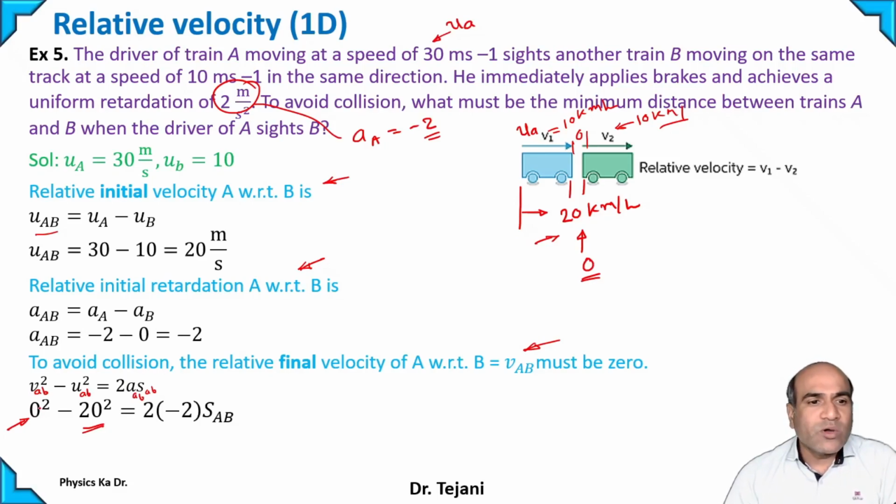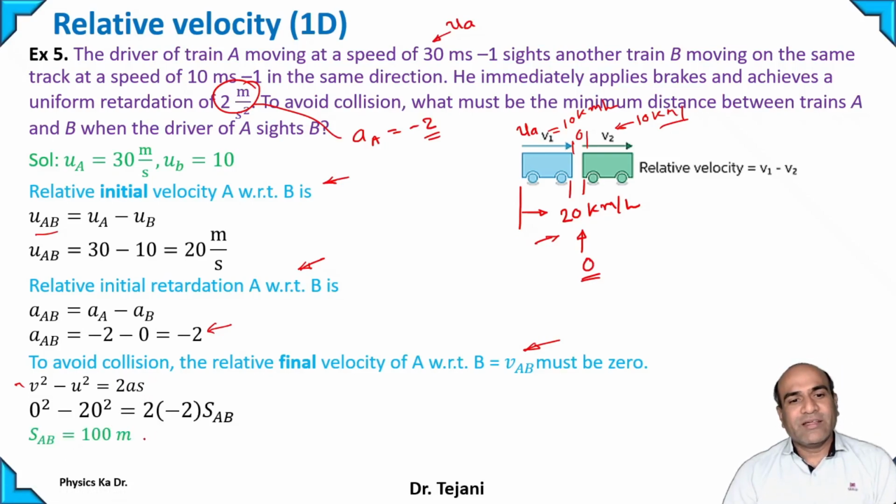Final, there should be no relative velocity, so that is 0, and the relative acceleration becomes -2. So put -2 and find out SAB. So SAB is equal to 100 meter.